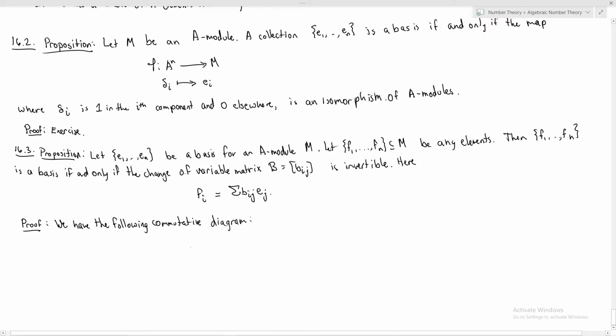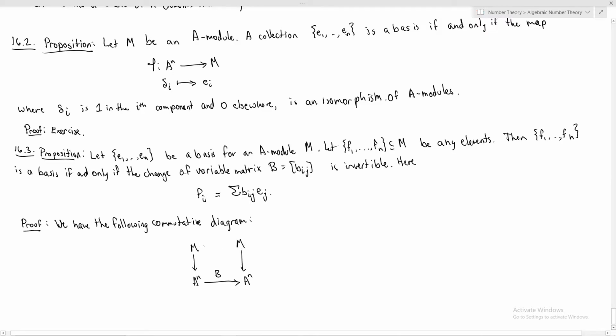Okay, where on one side I have M, and on the other side I have A^n. And this matrix B acts as, what do I want to say here?